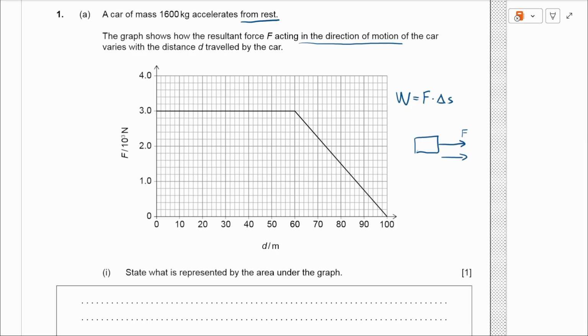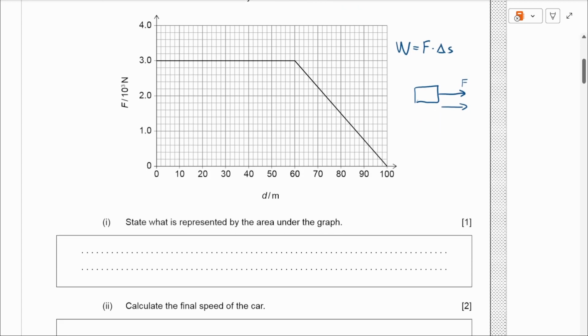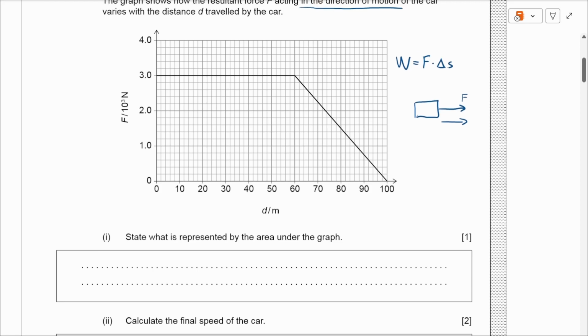We always just need to look at the component of the force that is parallel with our displacement, and here they are originally parallel already. So the area under the graph simply represents the work done on the car.